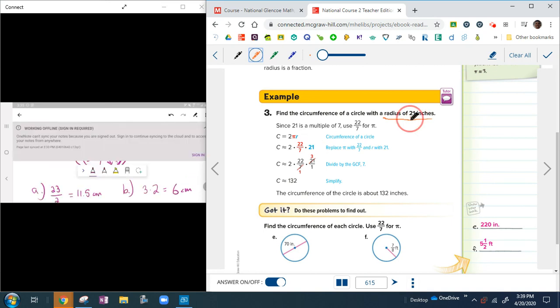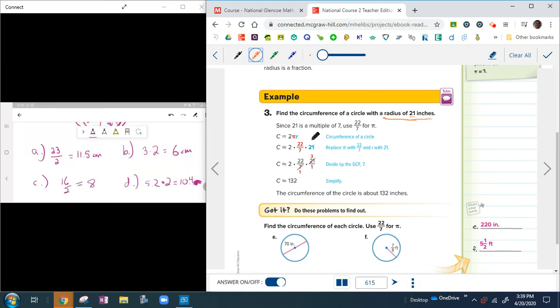In this case, they use the approximation of 22/7 for pi. Typically, we're not going to do that. We're just going to put 3.14 in and call it a day. But in this case, they put 22/7.